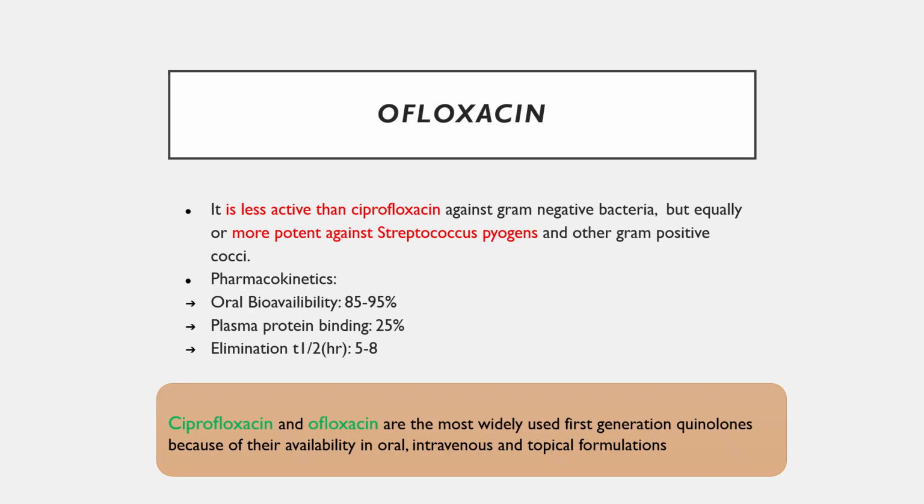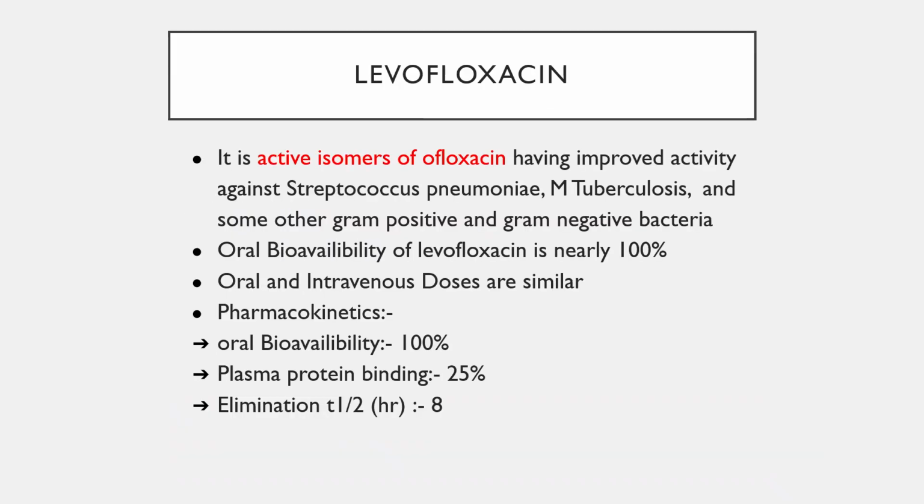The pharmacokinetics include oral bioavailability 85%, plasma protein binding capacity is 40%, and elimination T half is 10 to 15 hours. Ofloxacin is less active than ciprofloxacin against gram-negative bacteria, but it is equally or more potent against Streptococcus pyogenes and other gram-positive cocci. The oral bioavailability is 85 to 95%, plasma protein binding capacity is 25%, and elimination T half is 5 to 8 hours. Ciprofloxacin and ofloxacin are the most widely used first generation quinolones because of their availability in oral, IV, and topical formulations.